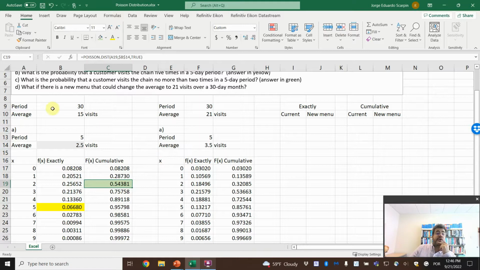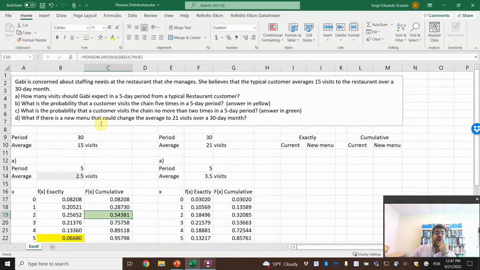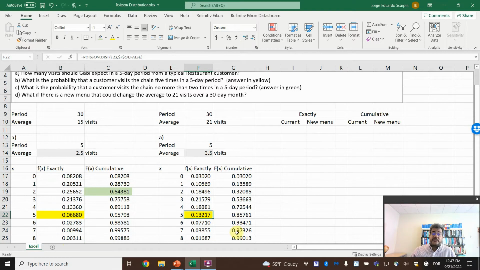And letter D, what if there is a new menu that could change the average to 21 visits? So we will be better because the average will be 3.5. And doing the same formula, in a 5-day period, it moved from 0.066 to 0.13.